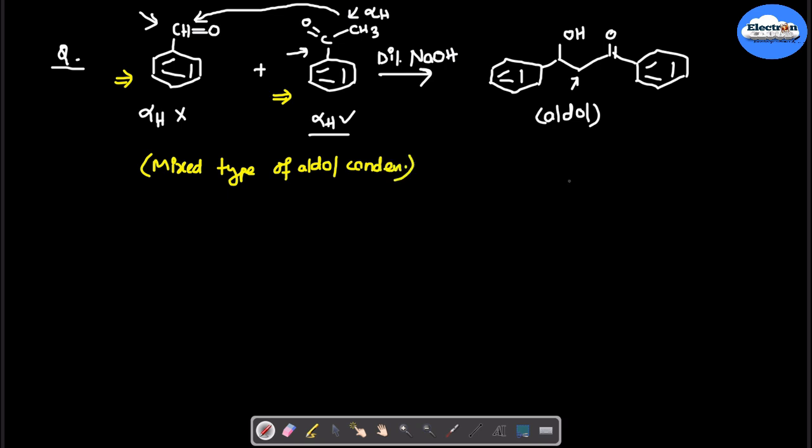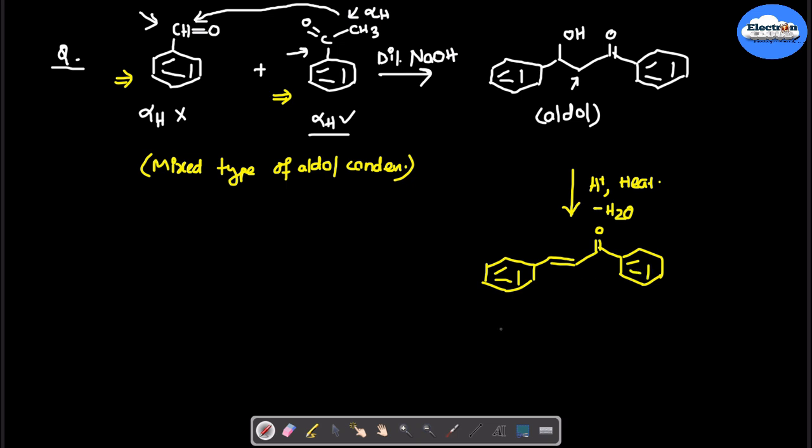Okay, so now further, if it is treated under acidic condition and heated, then overall water elimination occurs and it will generate an alpha beta unsaturated compound. So here a double bond will be formed and it is attached to the carbonyl, and further attached to a benzene ring.